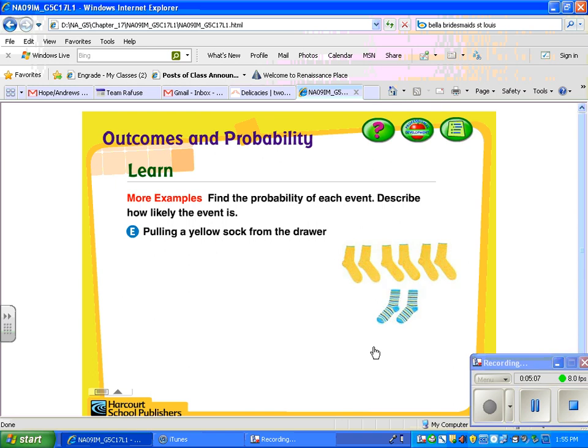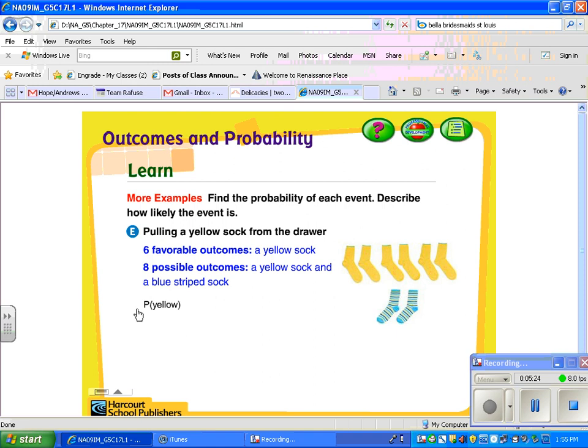Here's another example. We're looking now for the chances of pulling a yellow sock from the drawer. We have 6 favorable outcomes, the yellow sock. There are 6 of them. And we have 8 possible outcomes because we have the yellow socks and the blue striped socks. So our probability of pulling a yellow sock would be 6 out of 8.